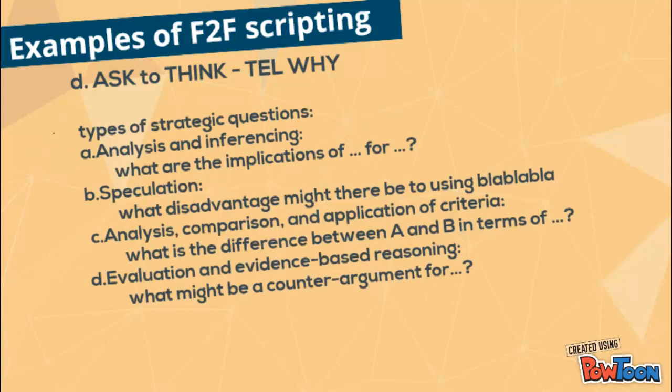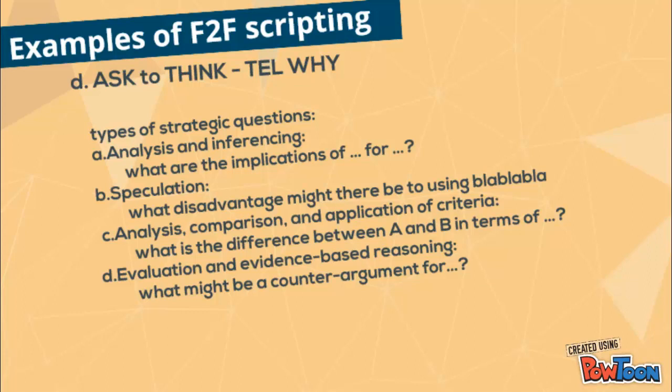There are several types of questions such as analysis and inferencing. What are the implications of something for other things? Second, speculation. What disadvantage might there be to using blah blah blah?